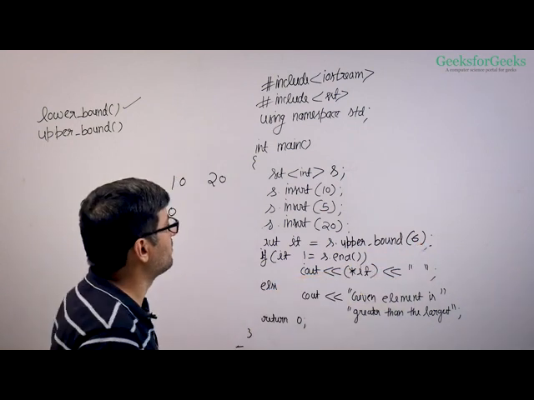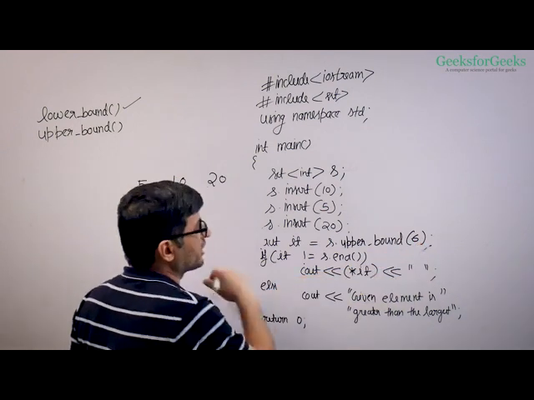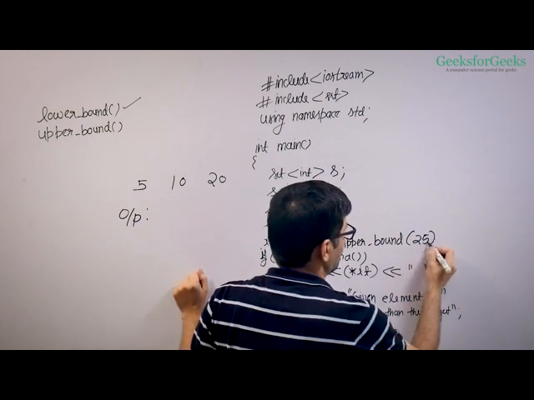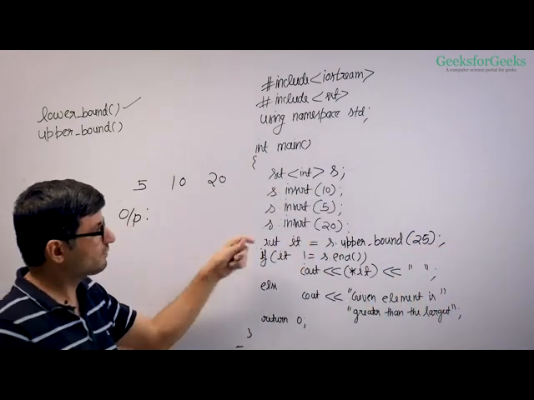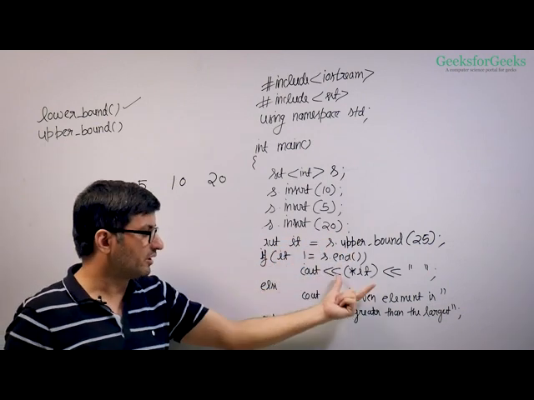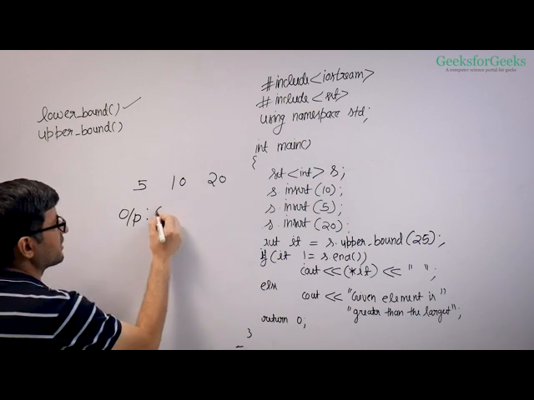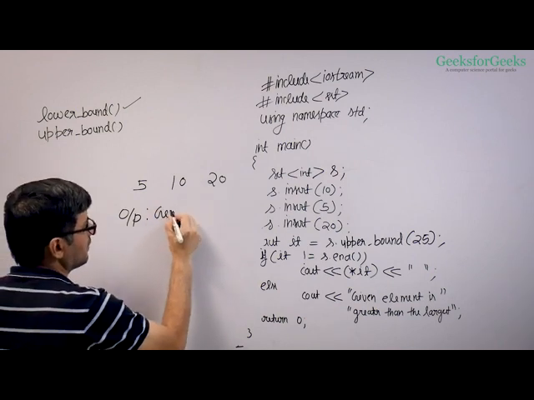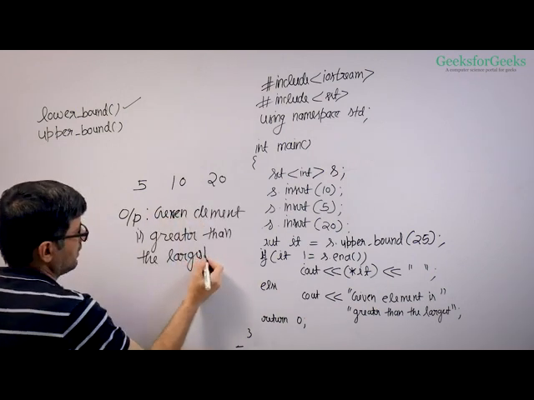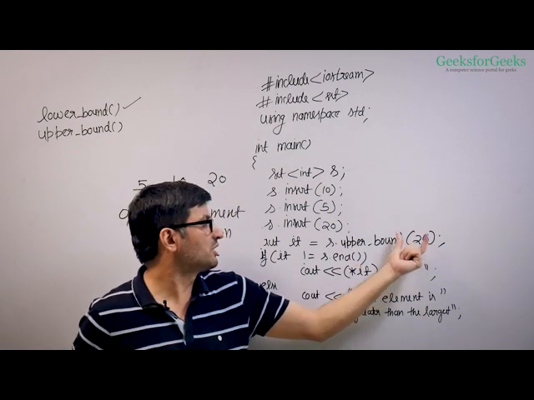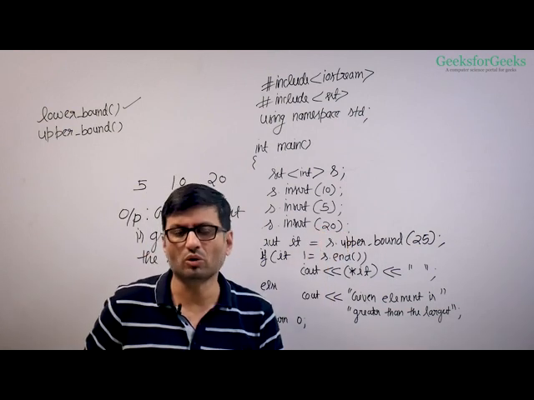Now if I pass an element which is not present and greater than the greatest, something like 25, then it will return s.end, and the output will be given element is greater than the largest. This is what we get when we pass an element which is greater than the largest in both lower bound and upper bound.